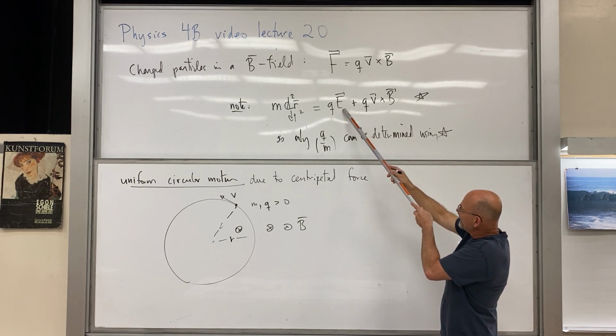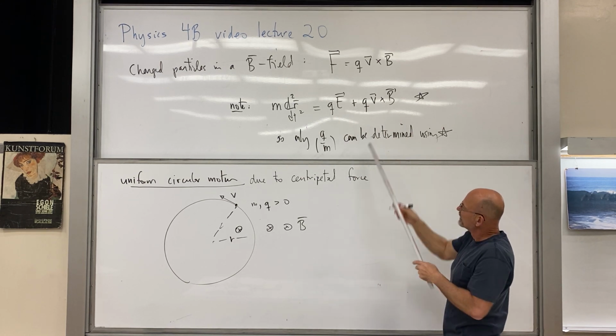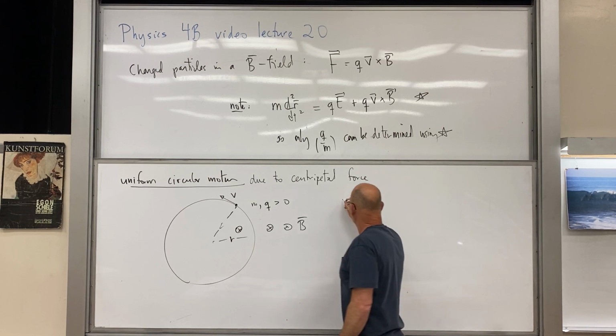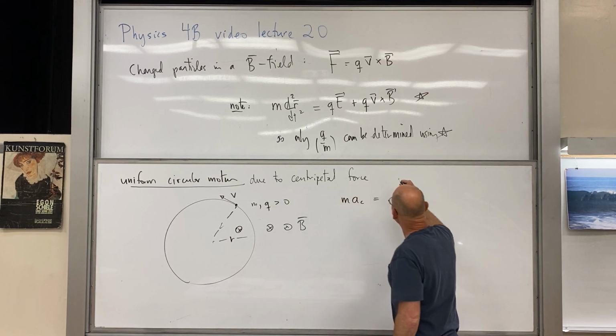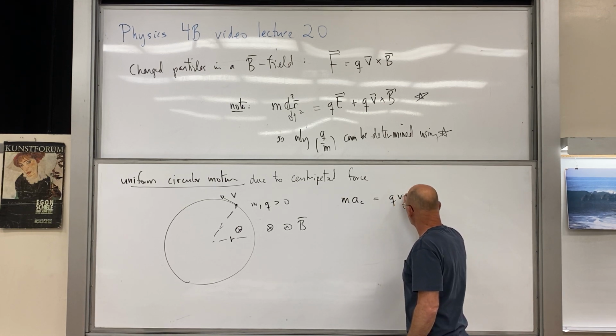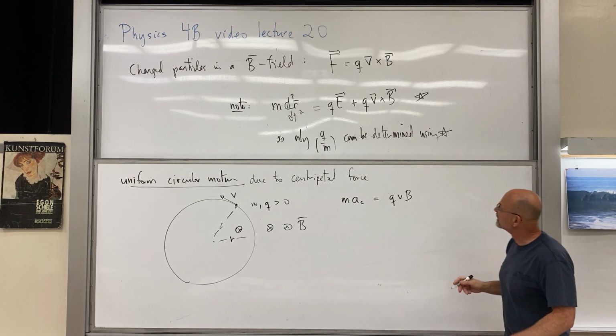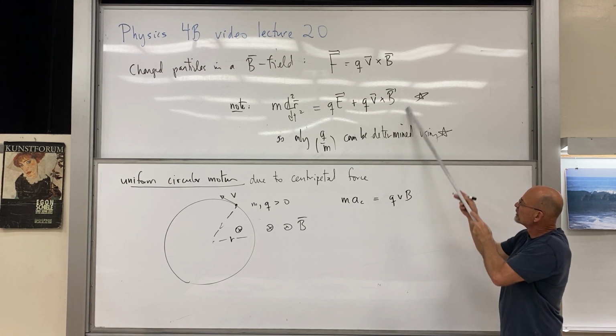We're discounting the E right now, there's no electric field, so we just have m a centripetal is equal to q v B. That's the magnitude of that expression right there.